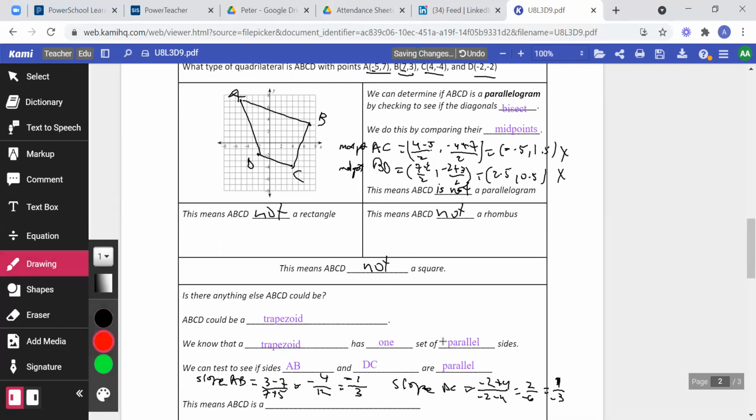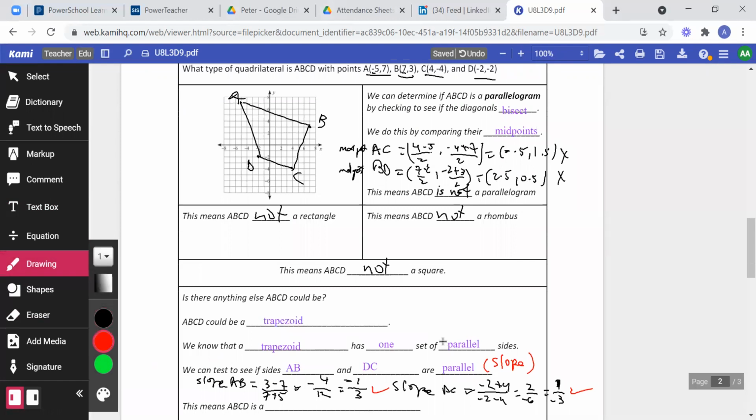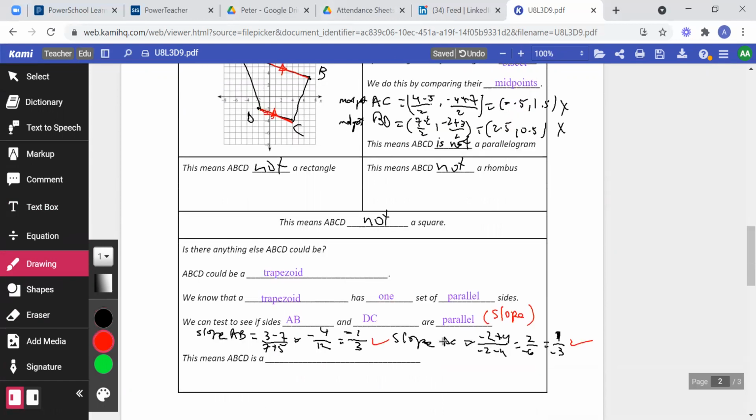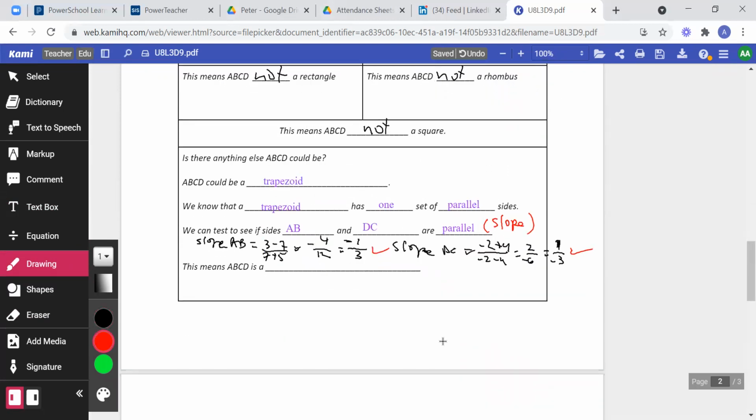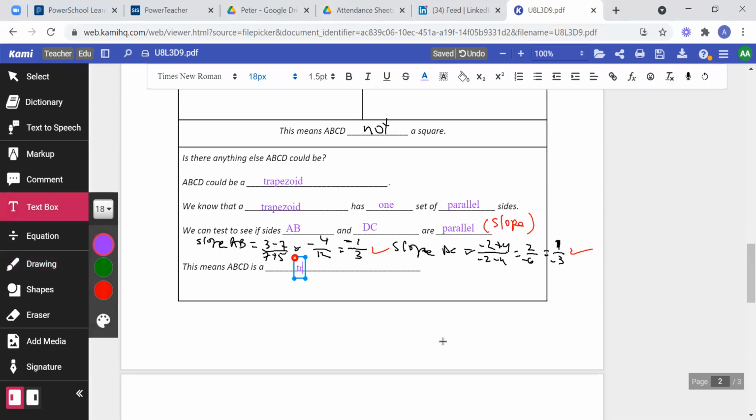As you can see, this number is the same as this number. So here they have the same slopes. And since AB and DC have the same slopes, it means both of them are parallel. Then it means ABCD is a trapezoid.